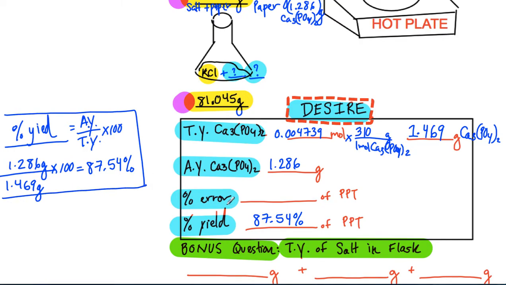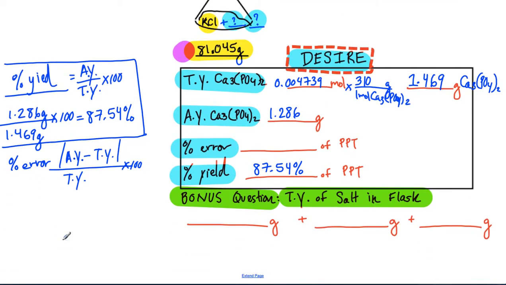Now what about for your percent error? Your percent error is a little bit more complicated. Your percent error, and we'll just put the formula here in case you forgot, is your absolute value of the actual yield minus the theoretical yield over the theoretical yield times 100. So let's do that calculation right here.